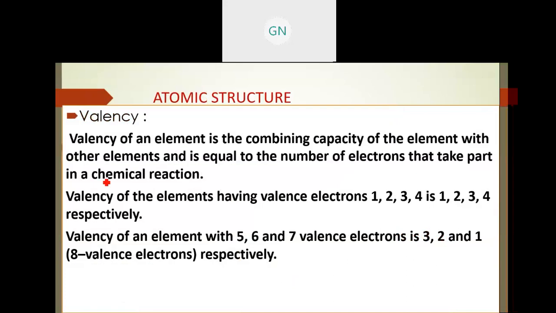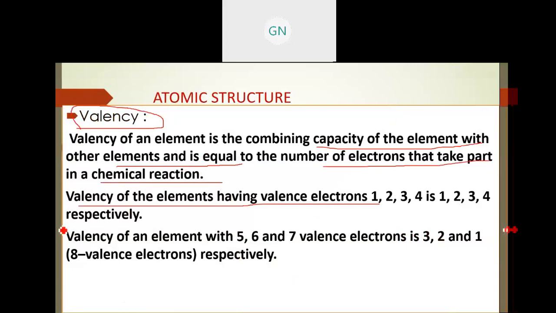Valency. Valency of an element is the combining capability of an element with other elements. It is equal to the number of electrons that take part in the chemical reaction. So the valence electrons are very important in chemical reactions. Valency of elements having 1, 2, 3, 4 valence electrons we can represent as 1, 2, 3, 4.